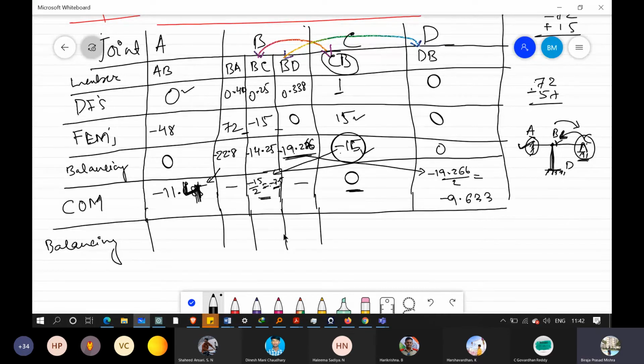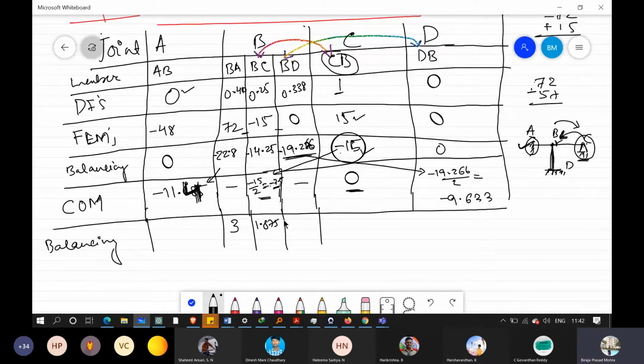Now we can see here we have only minus 7.5. So minus 7.5 means plus 7.5 it will come. Plus 7.5 into 0.4, it is 3. Then 7.5 into 0.25, it is 1.875.